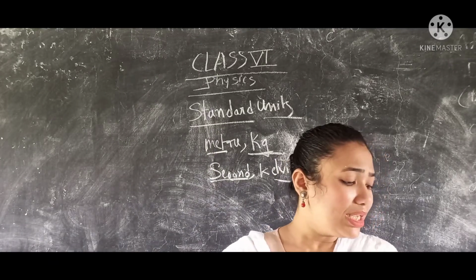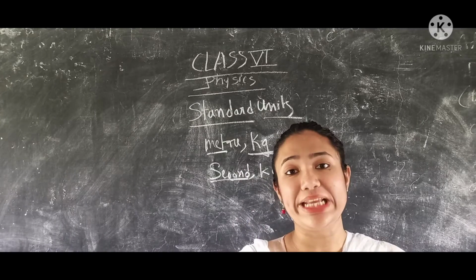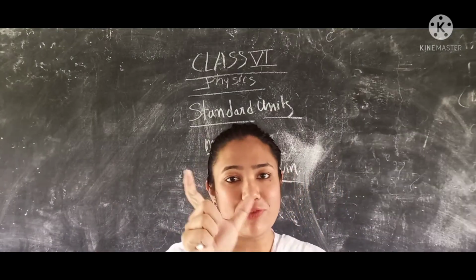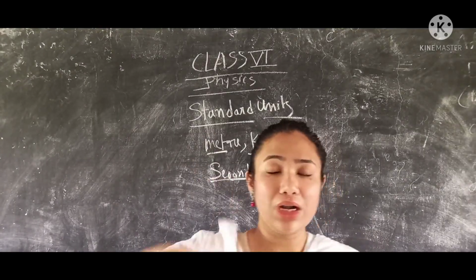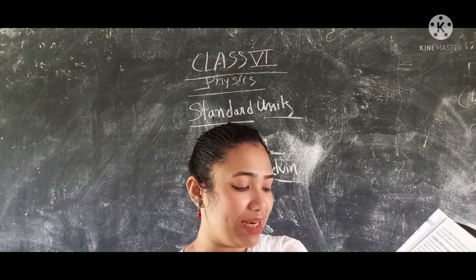We have kilo, hecto, deca, meter, deci, centi, milli. This is the main formula that I am going to post in your group. At first, kilo, deci, centi, milli and micro.